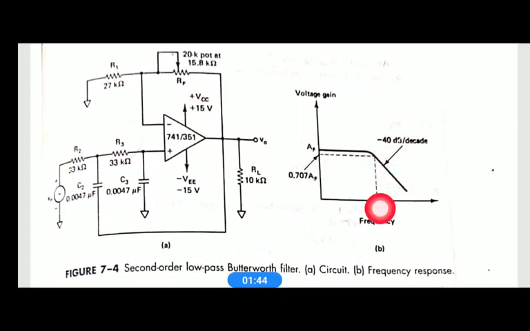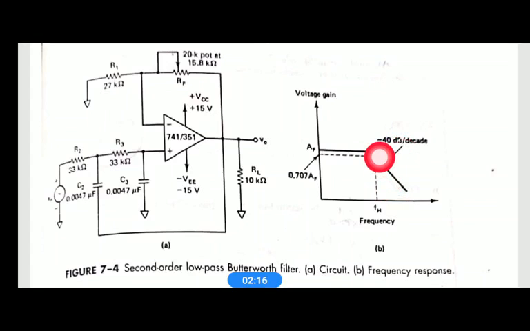After the cutoff frequency fh, any signal having frequency more than fh should not pass through the filter, and the gain should reduce to 0, but practically the gain is not reduced to 0.